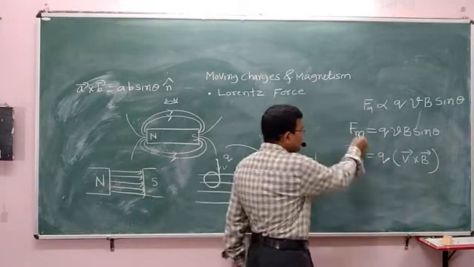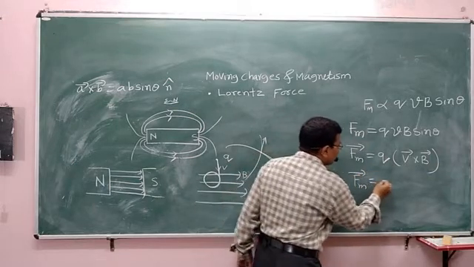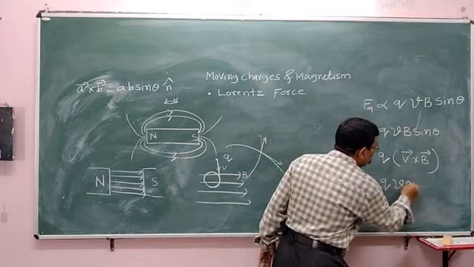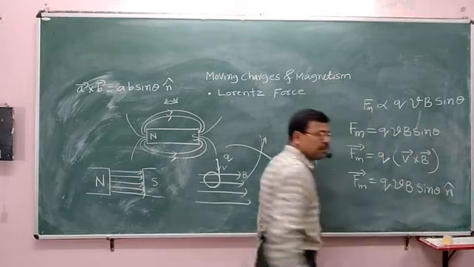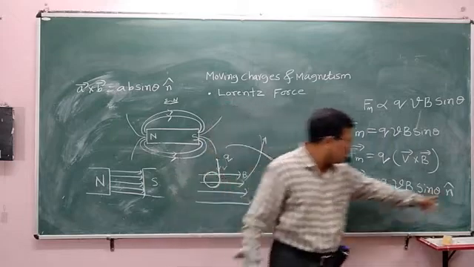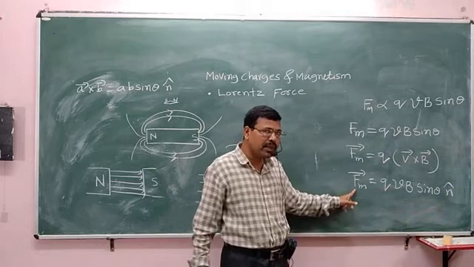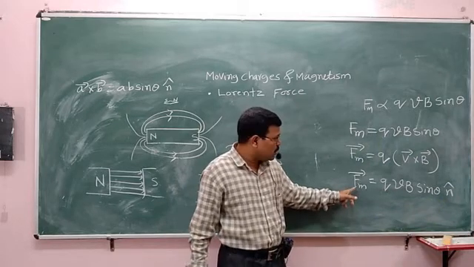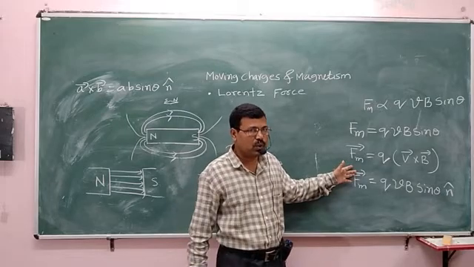We can also write this in vector form as Fm is equal to Q VB sine theta n cap. So this n cap is a unit vector. It specifies the direction of the magnetic force. So these two are the vector forms of Lorentz force.